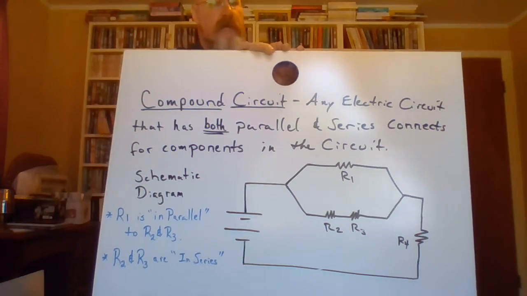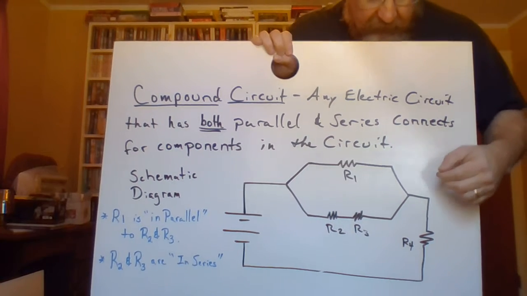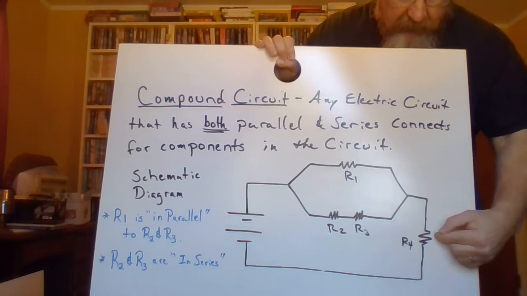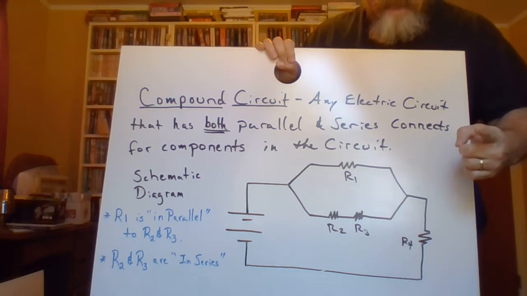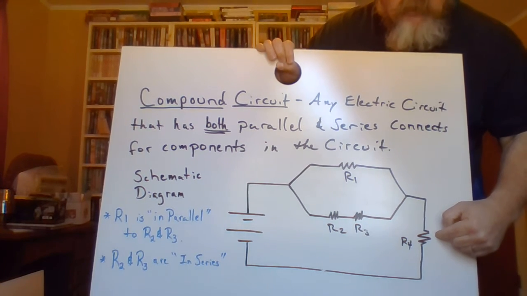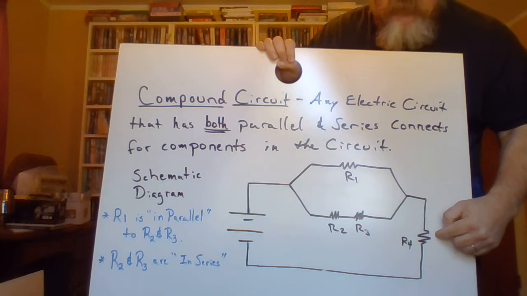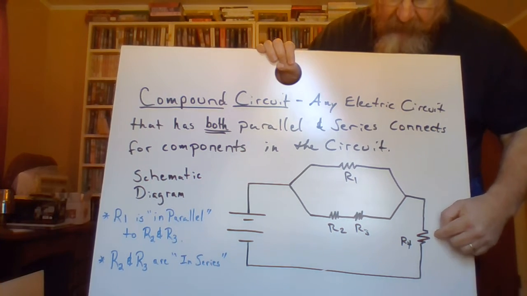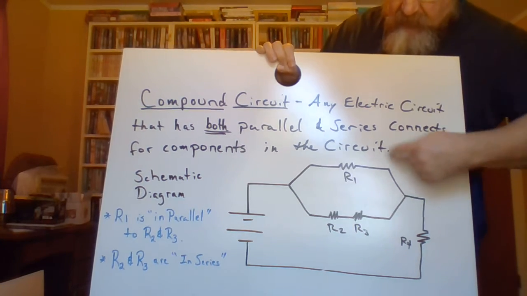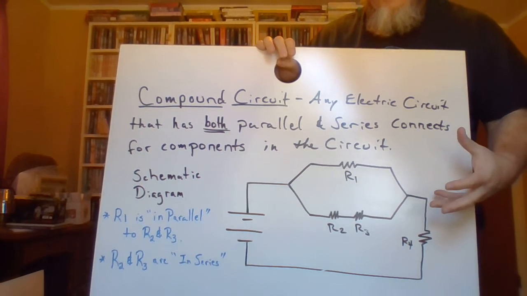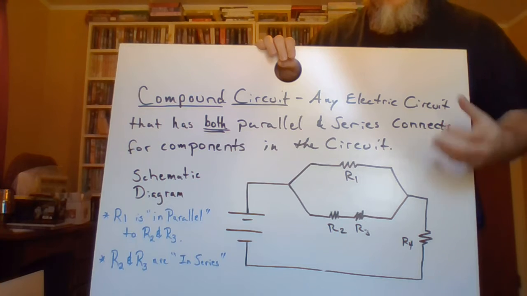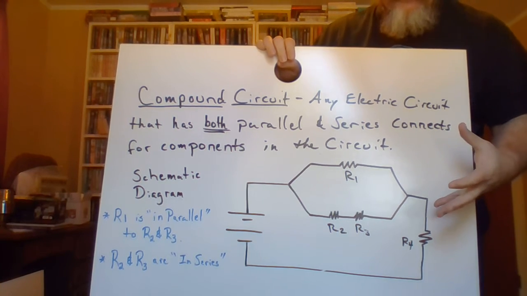Notice that the current flowing through here is the total current in the circuit. But the voltage across R4 is going to be different from and shared with this entire connection. We dealt with that when we looked at pure parallel circuits and pure series circuits.